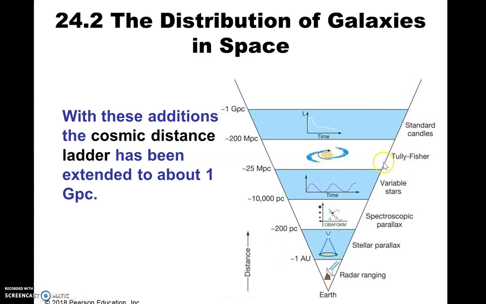All right. Now, Tully-Fisher, you can't use stellar parallax for Tully-Fisher, but you can use the Cepheid method to measure individual Cepheids within spiral galaxies.